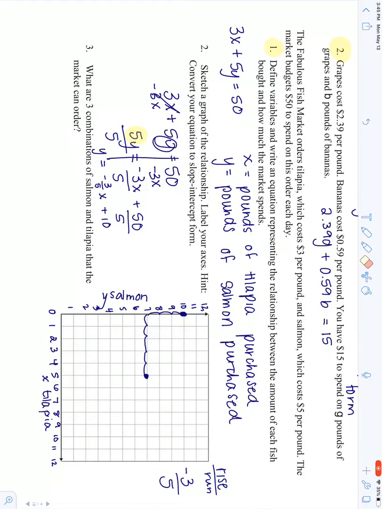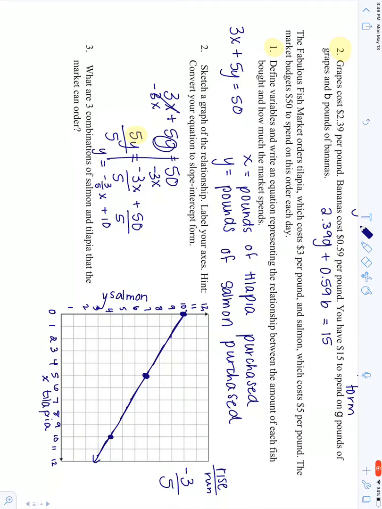So that's going to be where my next point is, okay? Then I'm going to do the same thing. From this point, I'm going to go down 1, 2, 3, and over 1, 2, 3, 4, 5. So this is my next point, okay? I cannot plot any more points, so I'm going to go ahead and connect with as straight of a line as I can make. And I know my line continues going.